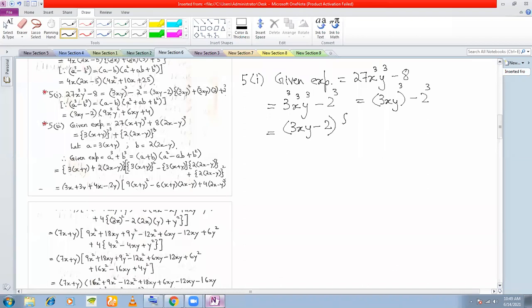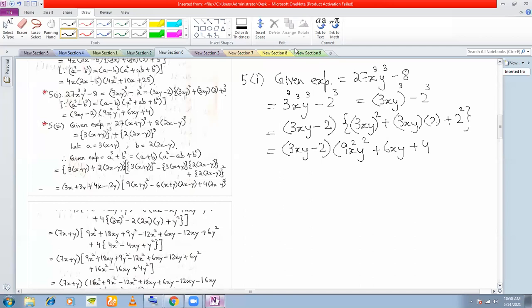So a minus b into a square plus ab plus b square, which is 3xy minus 2. Now if you simplify this, you'll get 9x square y square plus 6xy plus 4. Okay. So this clearly has been factorized into two factors.